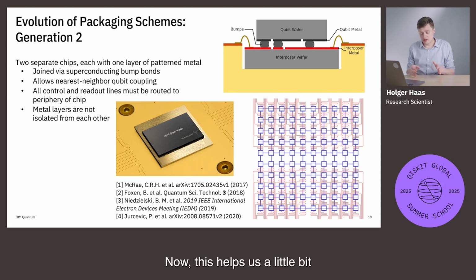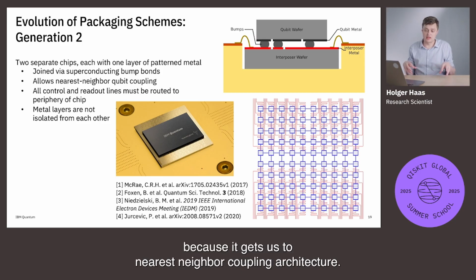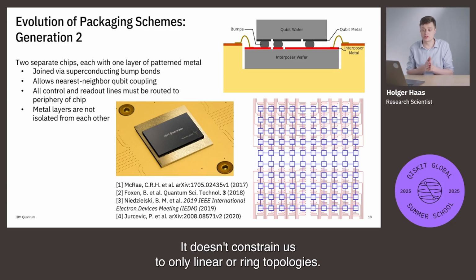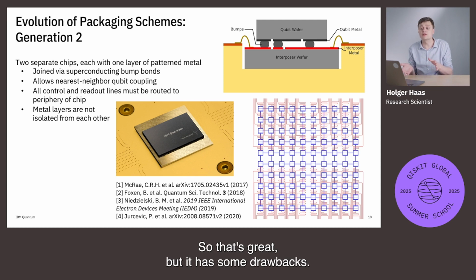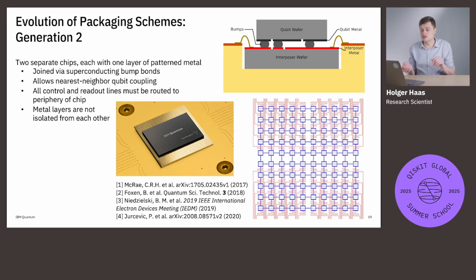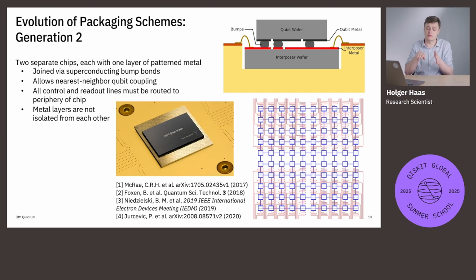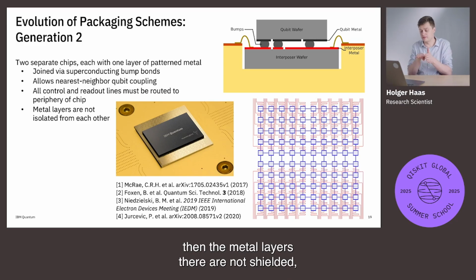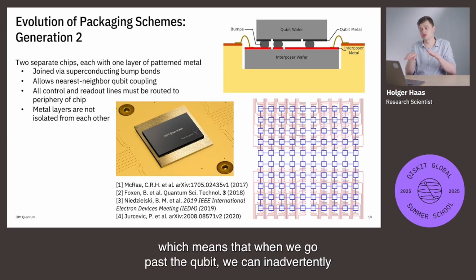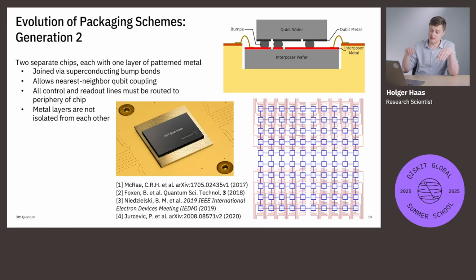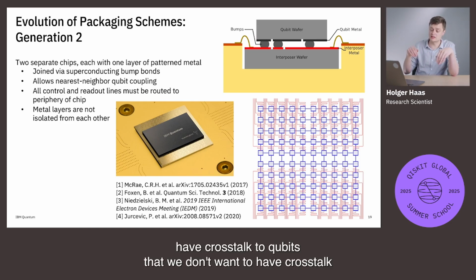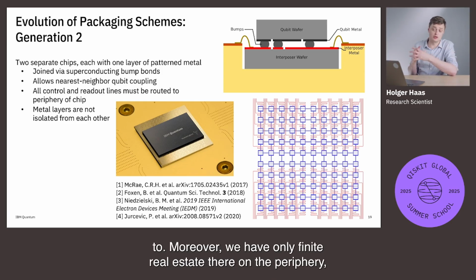Now, this helps us a little bit because it gets us to a nearest neighbor coupling architecture. It doesn't constrain us to only linear or ring topologies, so that's great. But it has some drawbacks. For example, when we route the signals on the interposer chip, the metal layers there are not shielded, which means that when we go past the qubit, we can inadvertently have crosstalk to qubits that we don't want to have crosstalk to.